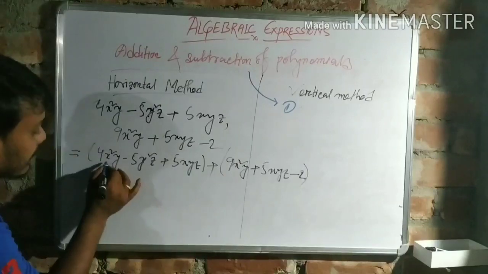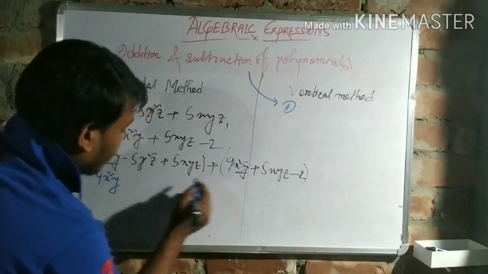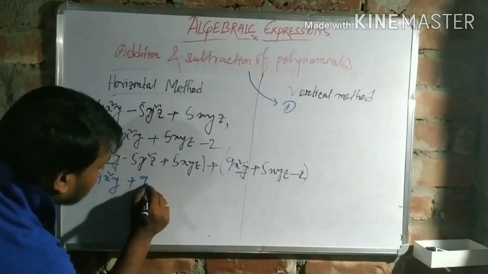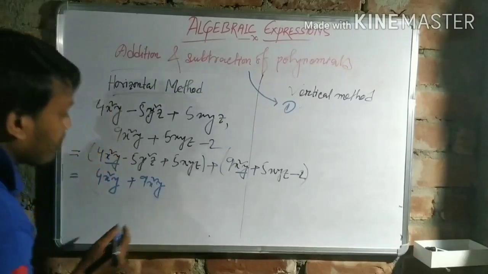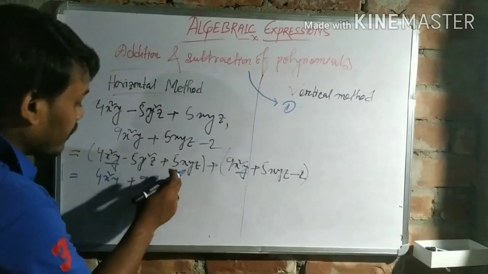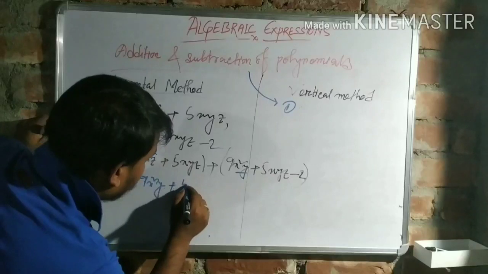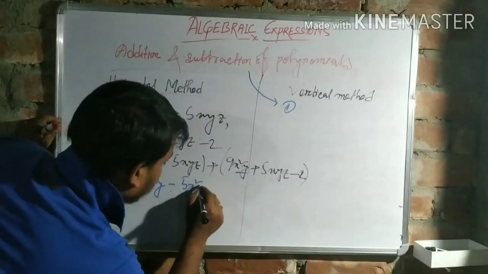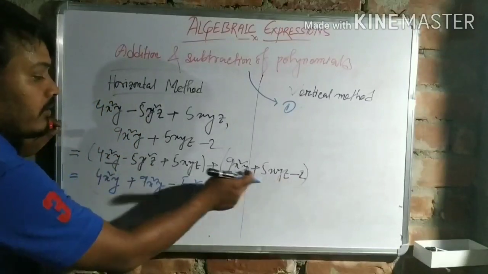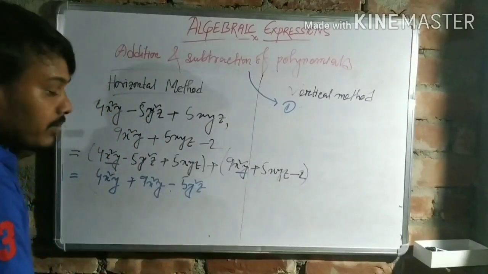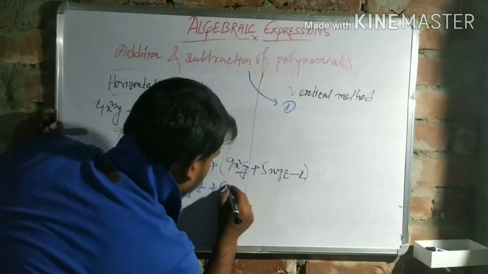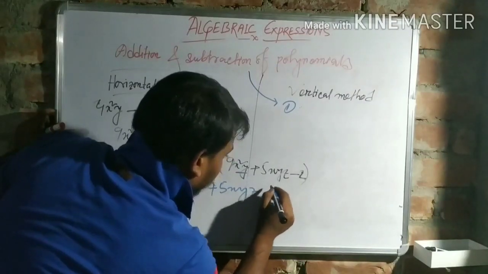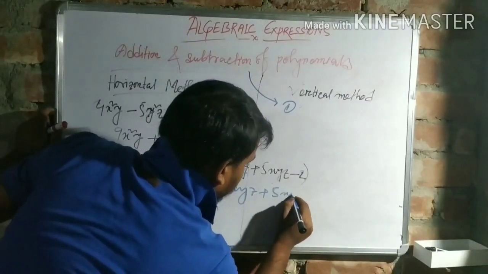Okay, so like term 4x square y. So x square y here also, so these two are like terms: plus 9x square y. Then minus 5y square z, y square z is not there in the other expression, so only one term. Next term is 5xyz, here also plus 5xyz.